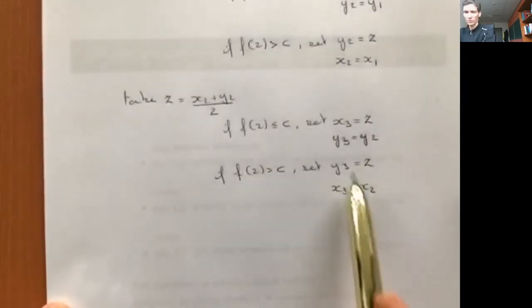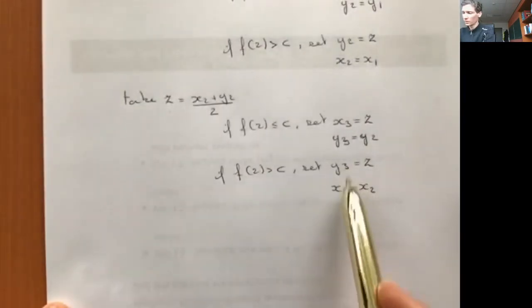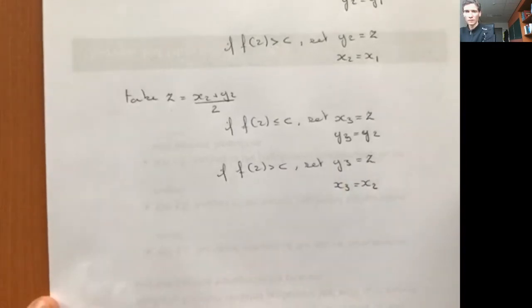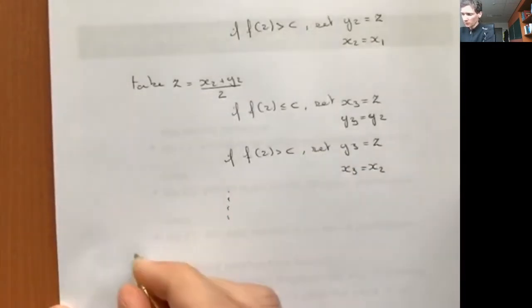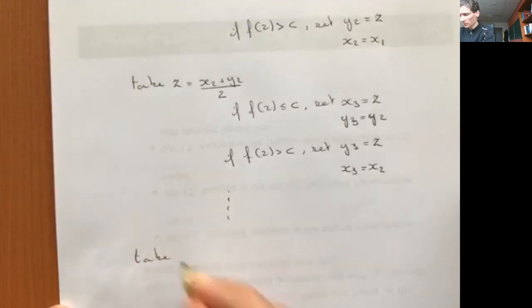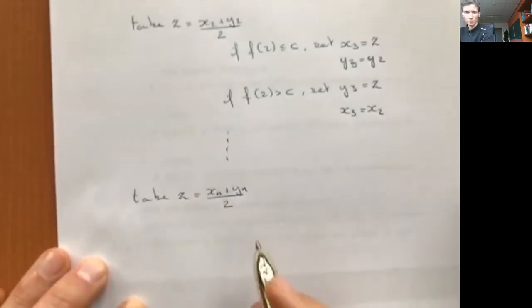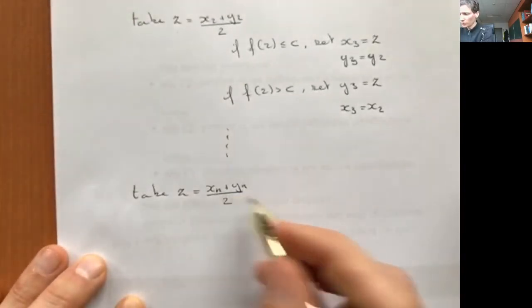Each time we divide, now we're going to divide the interval x3, y3 into 2, and so on and so on. In general, at iteration n, we take z to be equal to xn plus yn over 2, the midpoint between these two numbers.